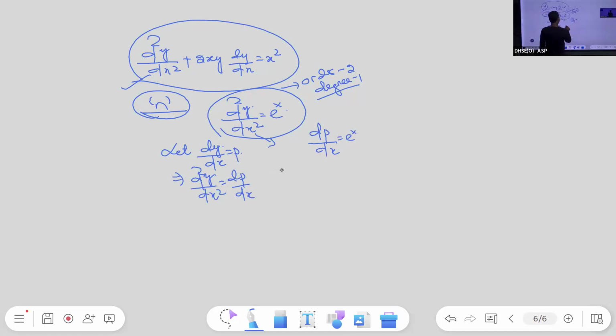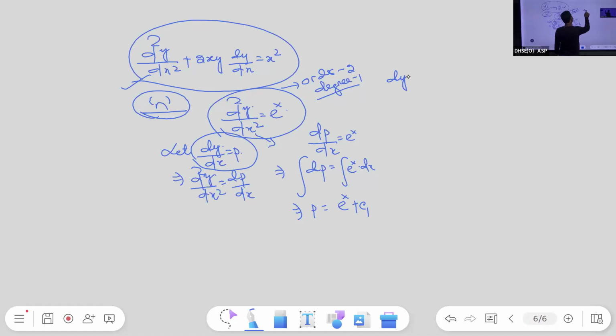On integrating both sides, integral dp is equal to integral e raised to the power x dx. Integration of dp is p, which is equal to e power x plus an arbitrary constant c1. Initially we assumed dy upon dx is equal to p, so dy upon dx equals e raised to the power x plus c1.